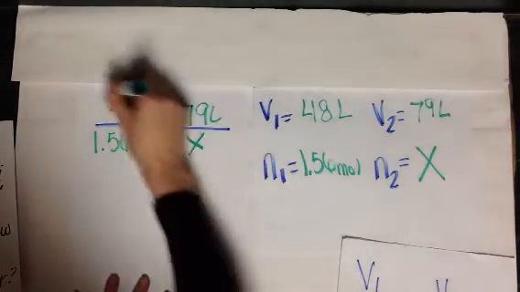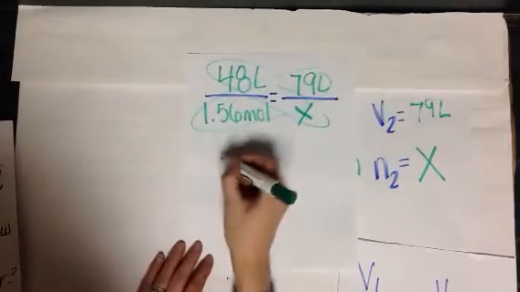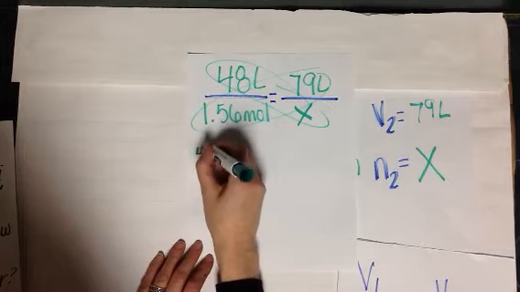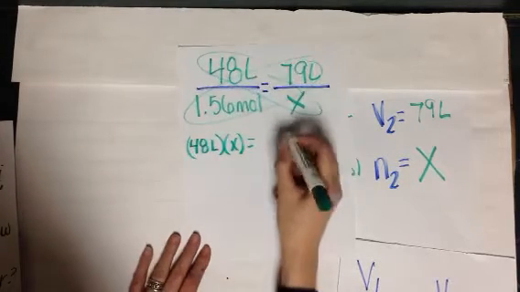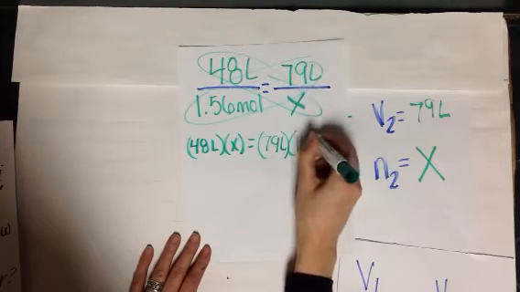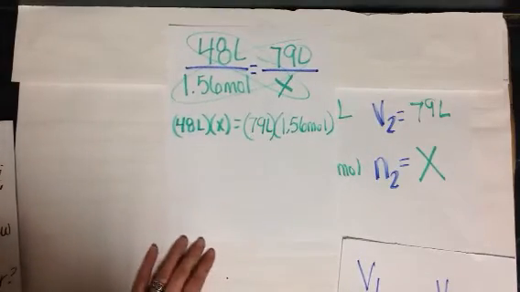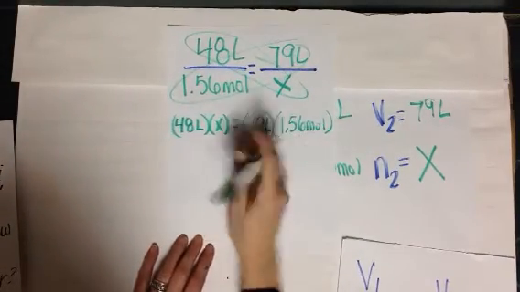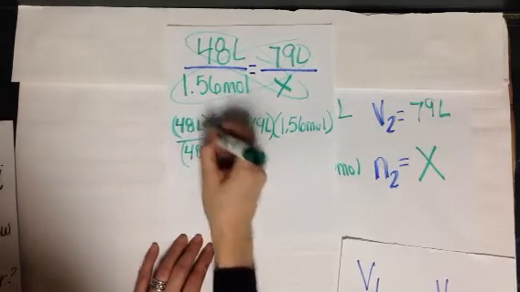We're going to cross multiply. So I've got 48 liters times X equals 79 liters times 1.56 moles. Do not simplify yet. Let's keep all of our setup together here.